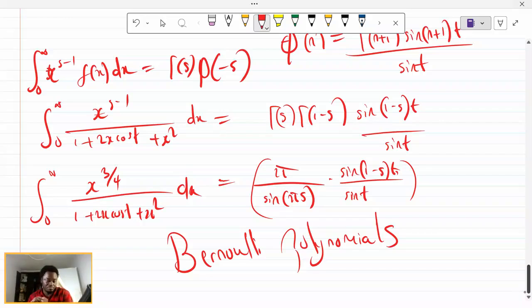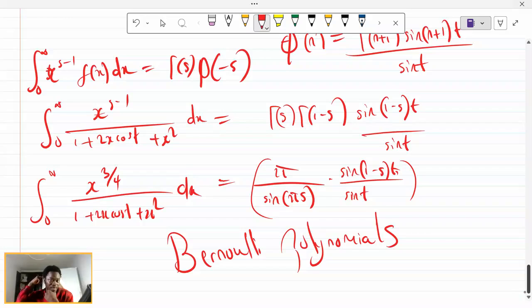Then the third derivative. But with Bernoulli polynomials, it doesn't matter if you're taking the fourth derivative, it is easy because all you need to do is construct the Bernoulli polynomials and just plug in your values and you are good. So it's just so short and easy. So I'm going to have to do a course on Bernoulli polynomials, obviously, and Euler polynomials, as well as the applications. But for now, let's just enjoy our Ramanujan master theorem.